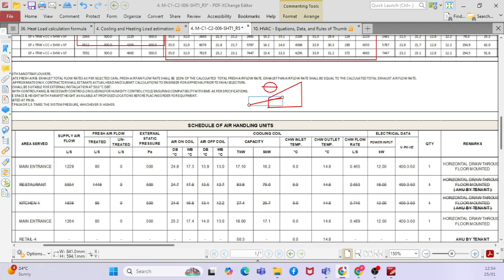Then, using the electrical equation, you can calculate electrical power based on the CFM. You can calculate your power input based on the efficiency as well.